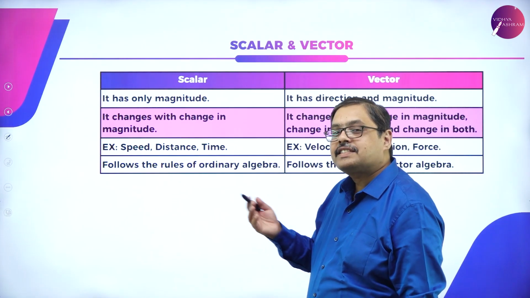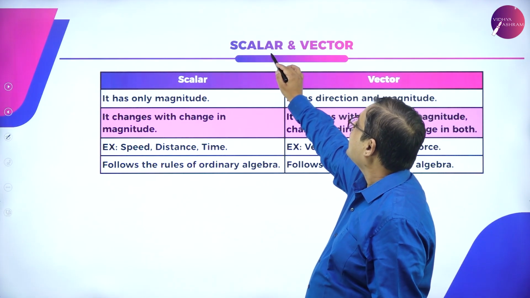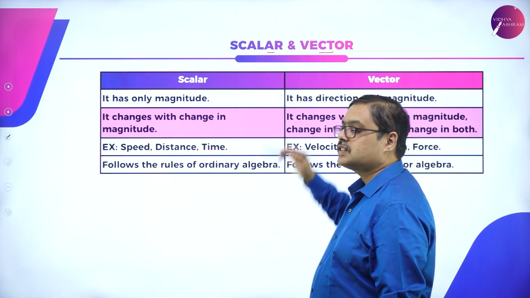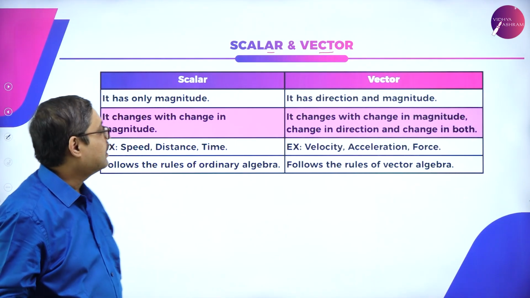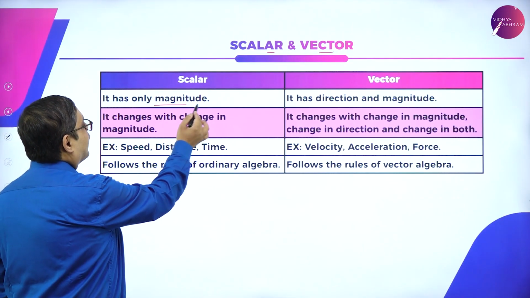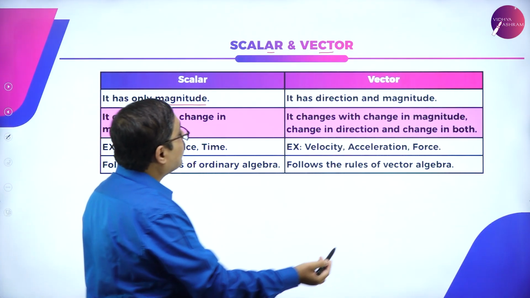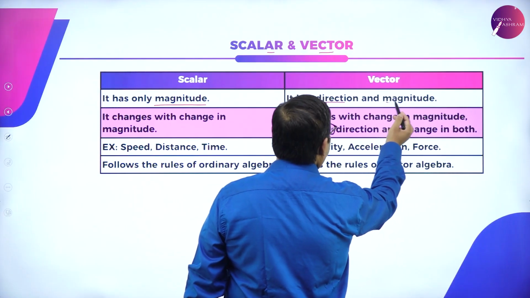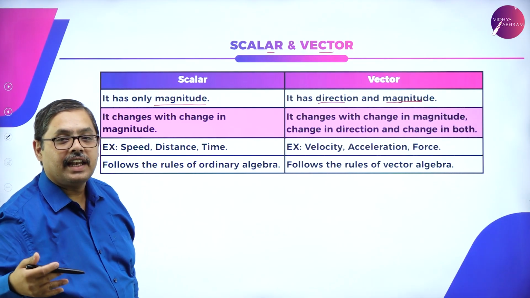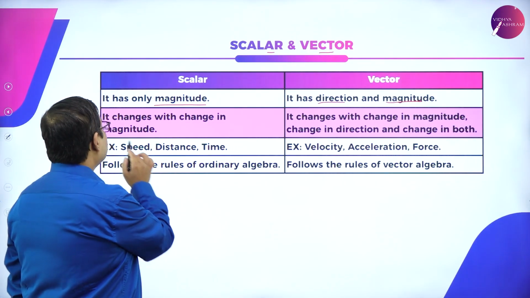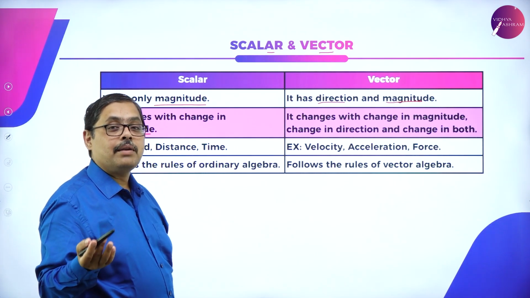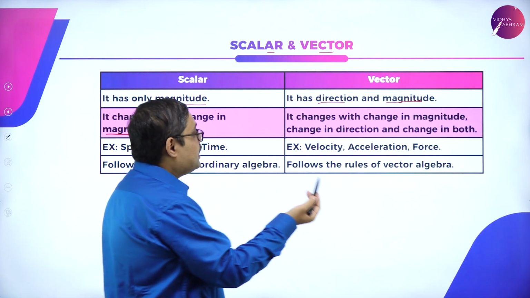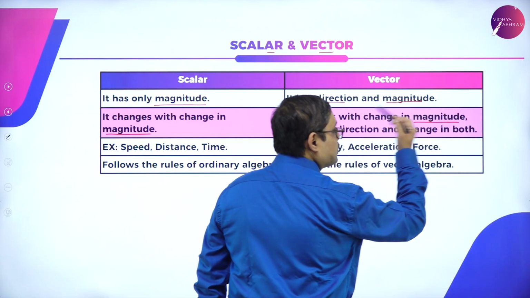Now, what is the difference between scalar and vector? This can be a typical 2-mark question to differentiate between scalars and vectors. Scalars have only magnitude, whereas vectors have both magnitude as well as direction. How to change a scalar? Change in magnitude will change the scalar. How to change a vector? A vector can be changed in 3 ways. If there is change in magnitude, the vector changes.